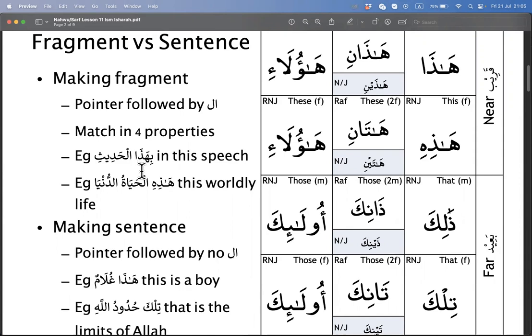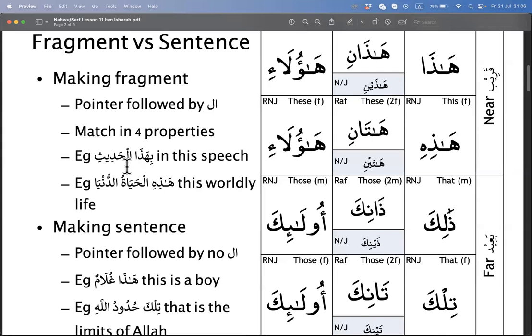Jar. Yes, because bi needs an ism, right? It's an ism majrur. So hadha, even though you cannot see the jar status, this is definitely jar because it's coming right after bi. So, jar wa majrur. Okay? And then hadha followed by al, do we get a fragment or a sentence?